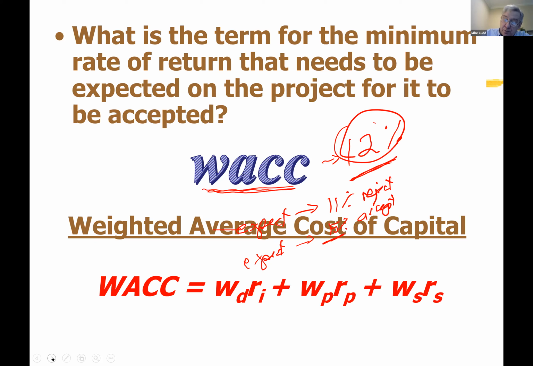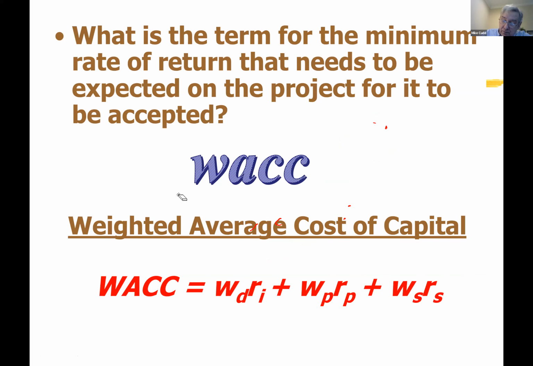Now, in formula form, that's the full weighted average cost of capital. It's the weight for debt times the after-tax required rate of return on debt.